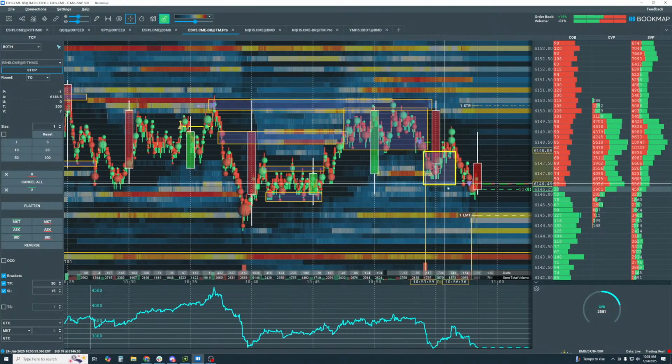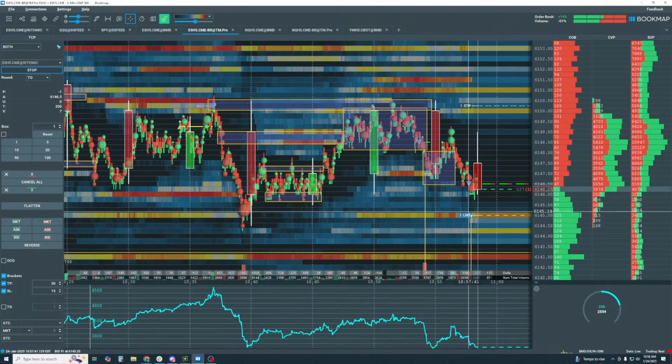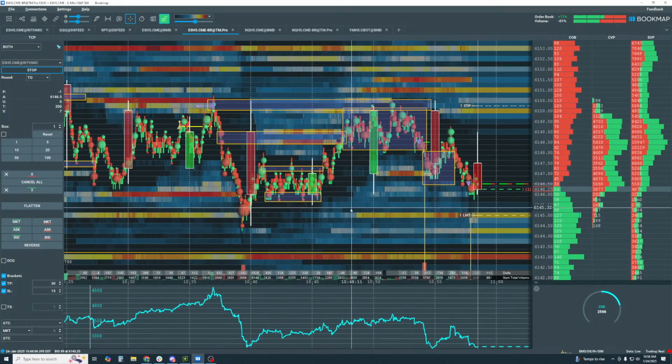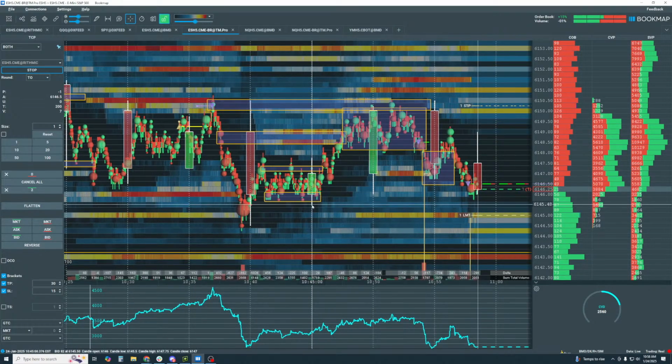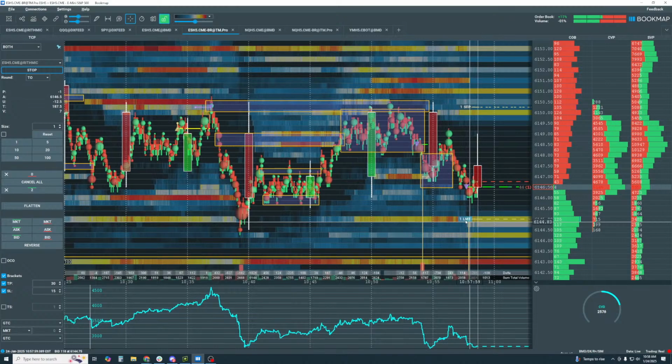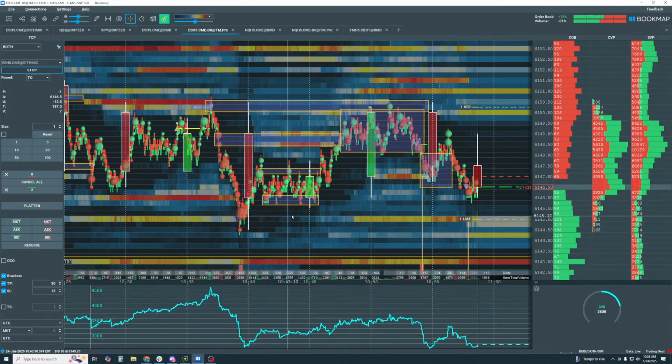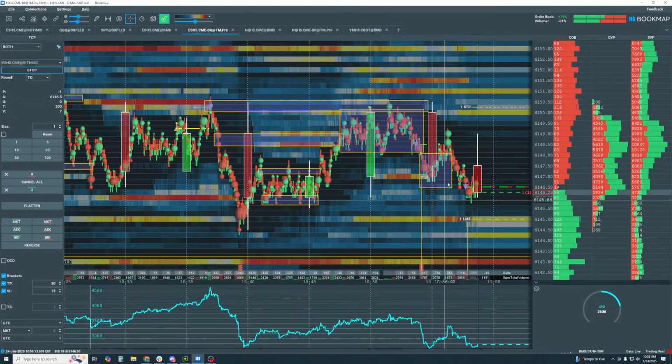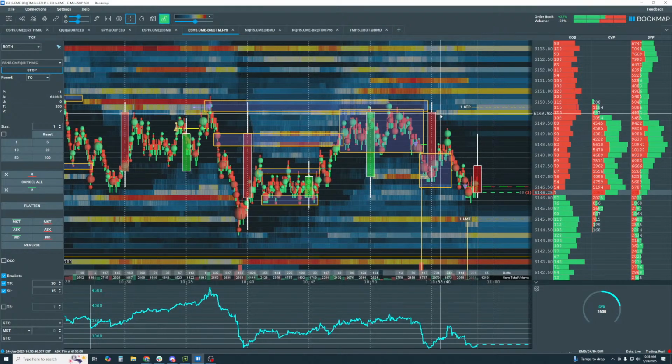Now we're looking for some follow through. Candlestick traders on this small time frame would probably be looking for just the test down to this 45.5, but we're going to look for maybe a tick or two lower, into this liquidity here at 45.